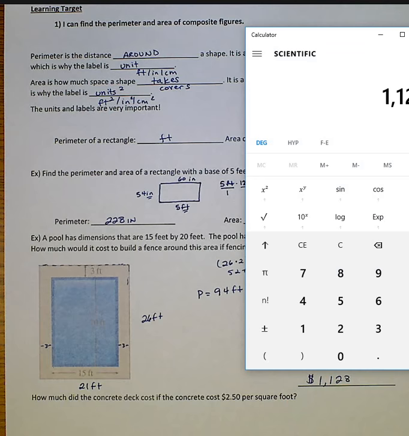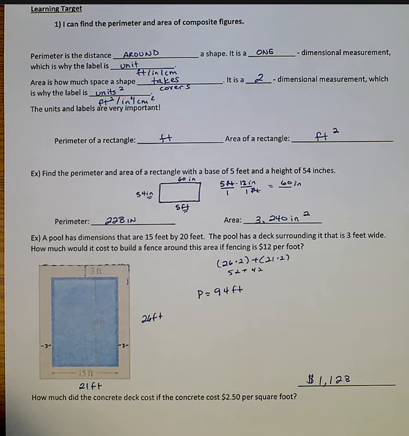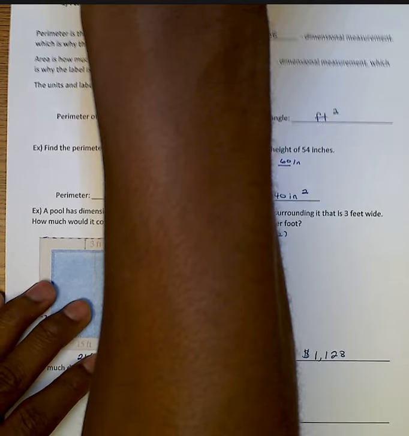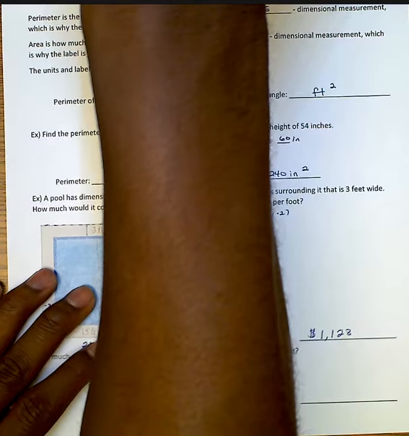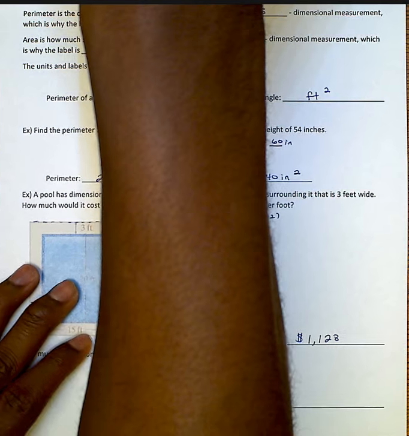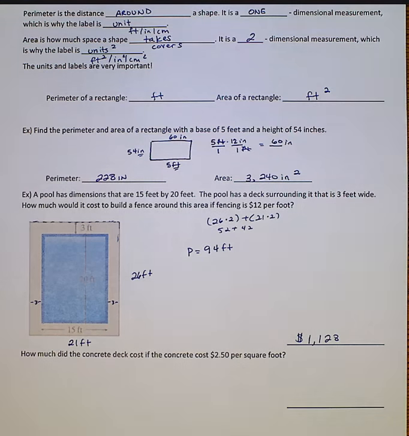All right. Second question. How much would the concrete cost to lay if the concrete costs $2.50 per square foot? So here we go. This is going to be a little bit different, because we're not laying the concrete everywhere. We're just laying it on the pathway.